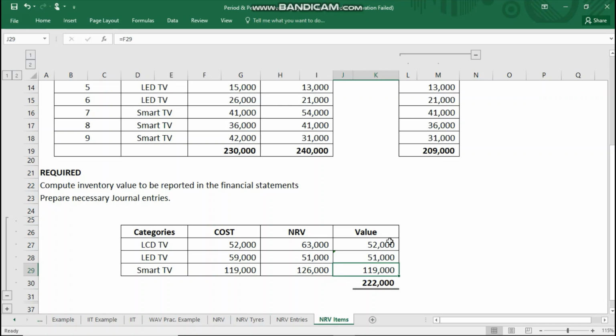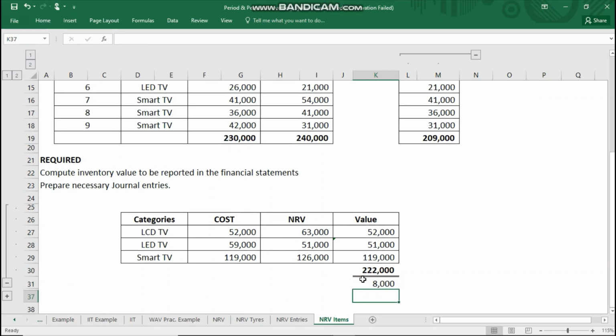And see, the total is coming to 222,000, and this is the amount at which I should have reported my inventories in the financial statements. And if I compare it with the total cost of 230,000, this amount coming from category level testing is lower than the cost, but it is not giving me a realistic picture. Why?